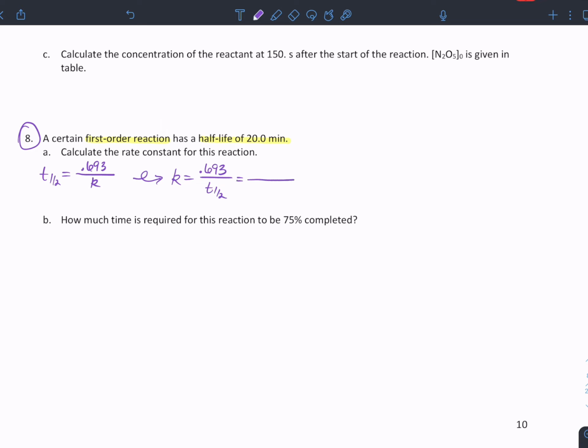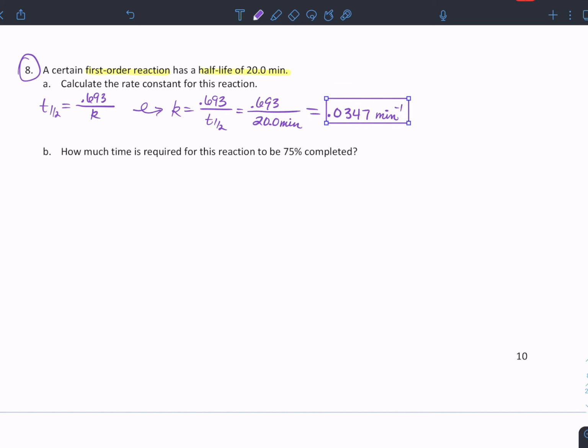So here, 0.693 divided by 20.0 minutes. K is going to be equal to 0.0347, 3 sig figs, and this is going to be minutes to the negative first as our unit here because our time unit is minutes, not seconds.